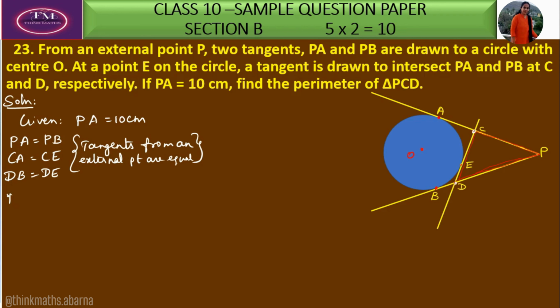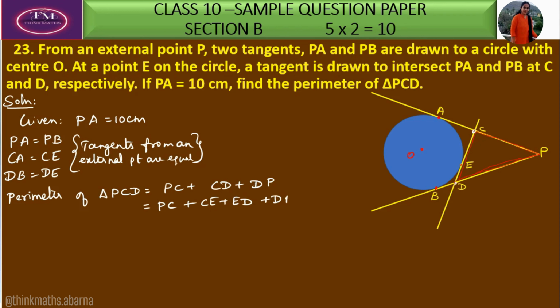Now we have to find the perimeter of triangle PCD. It is nothing but PC plus CD plus DP. So keep this PC as such. What is CD? CD you can write as CE plus ED.